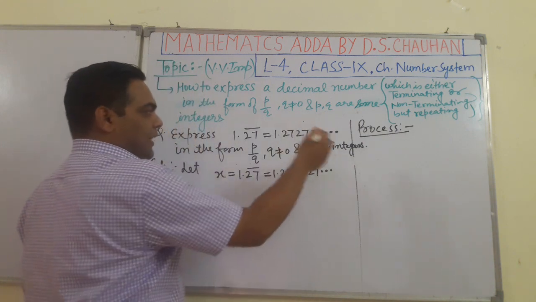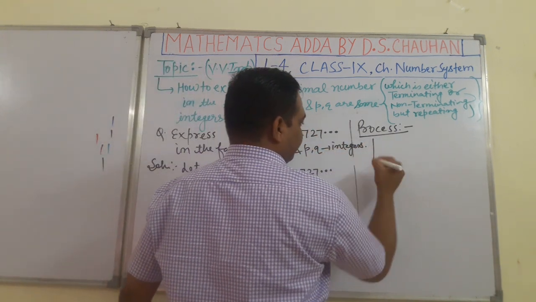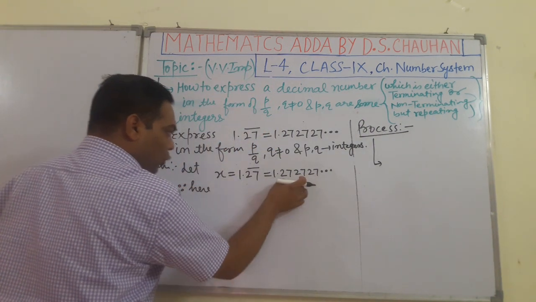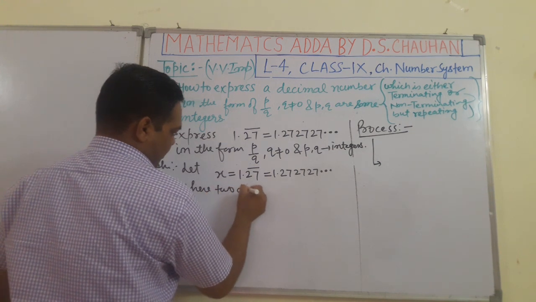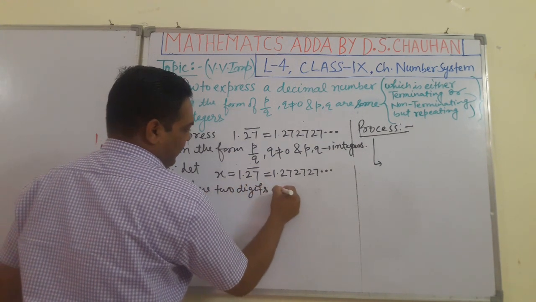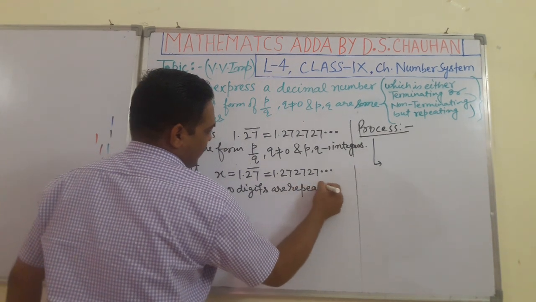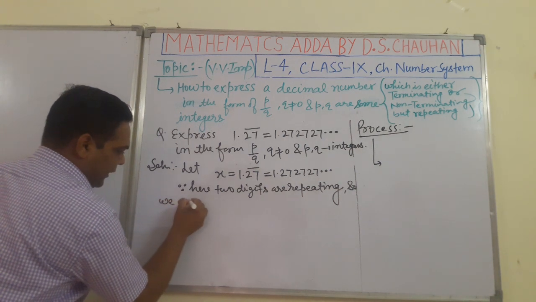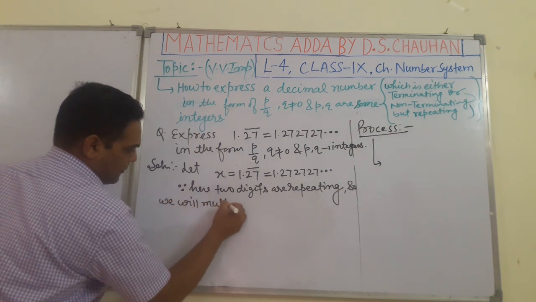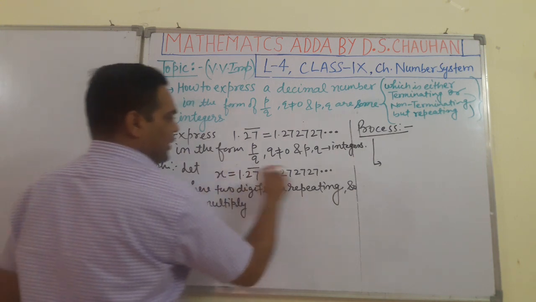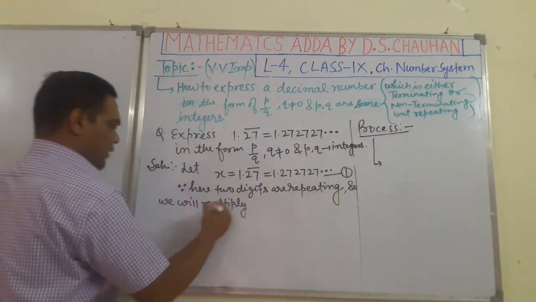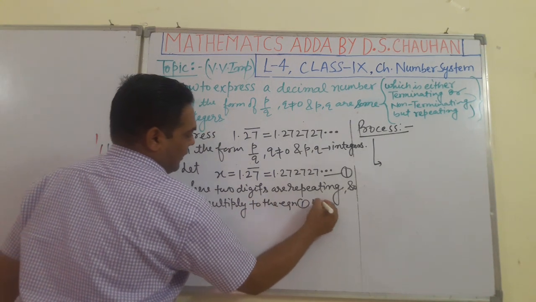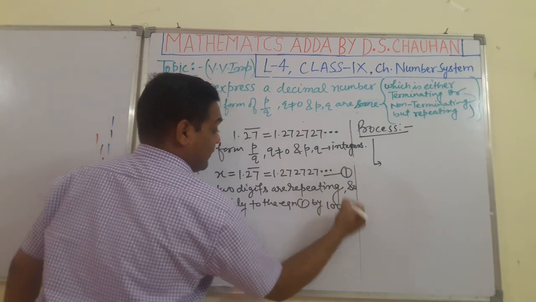Well students, see in the process, since here two digits are repeating, we will multiply equation 1 by 100.